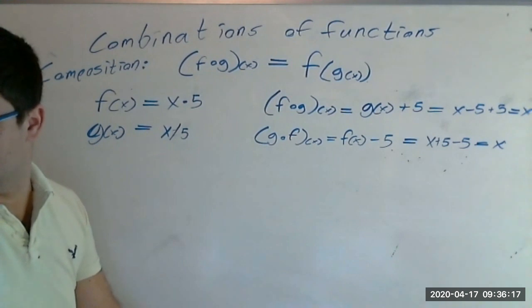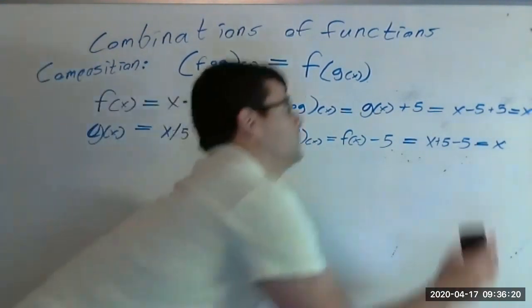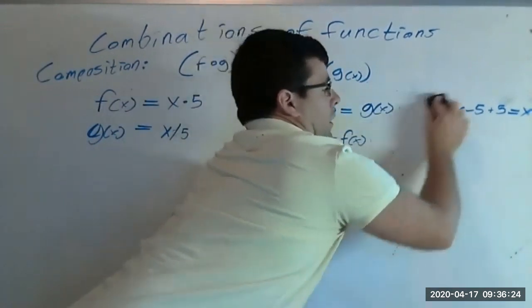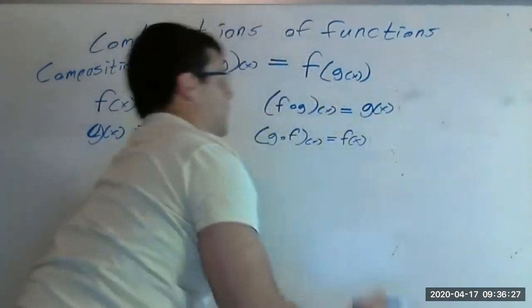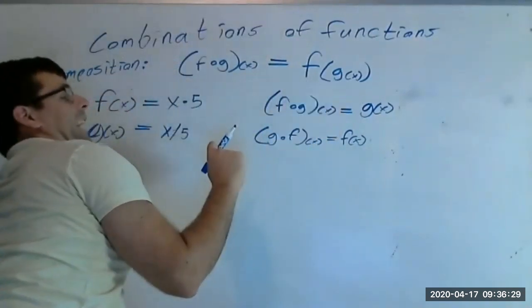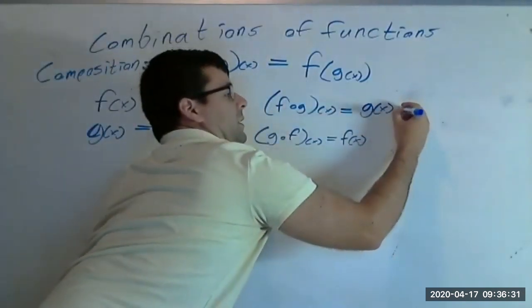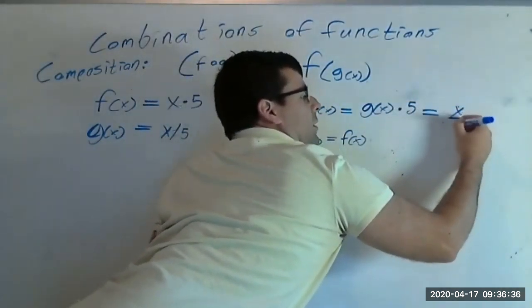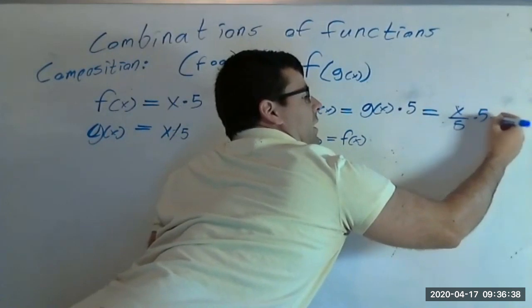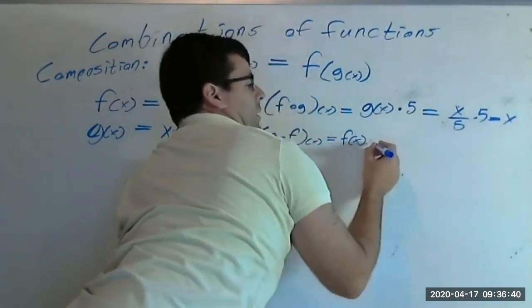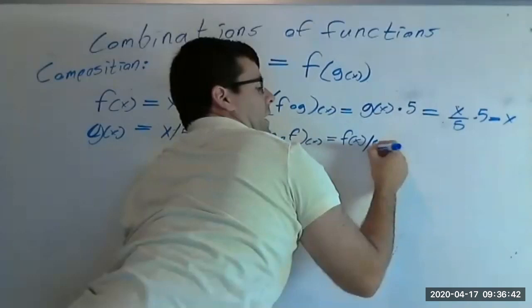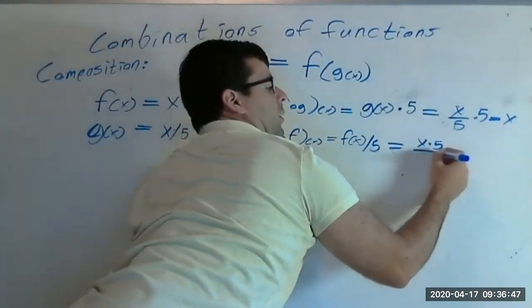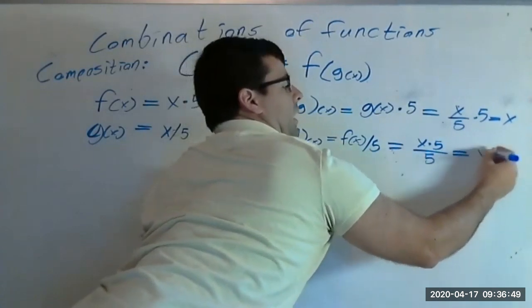Well, f of g of x, just because g of x times 5 equals x over 5 times 5 equals x, or g of f of x, x times 5 divided by 5 equals x.